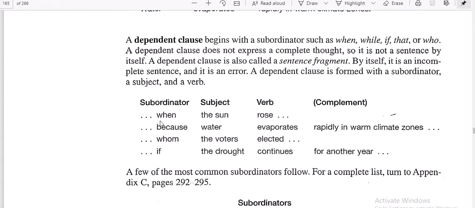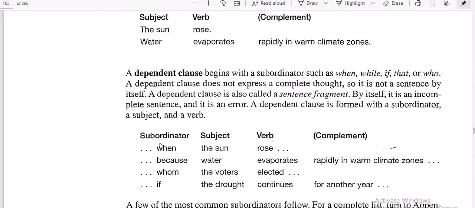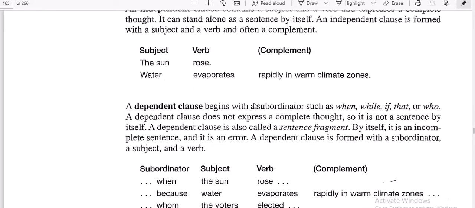But here the subordinator, because water evaporates rapidly in warm climates, because here is a subordinator and it is not separated by a comma, or it is not followed by a comma. The same thing we do with the subordinator when. So we don't put any comma here, because a subordinator is different from a complement.